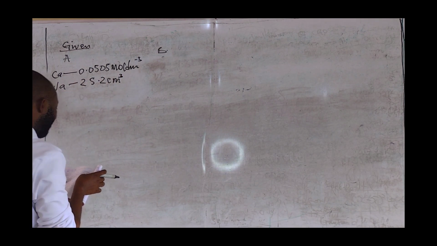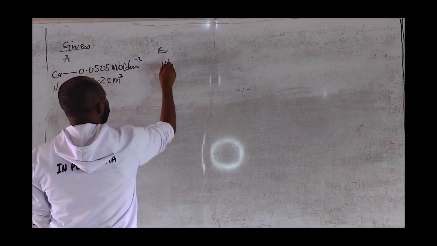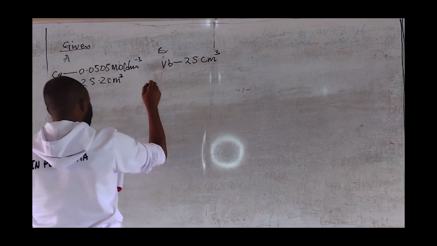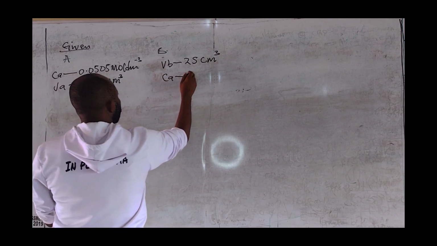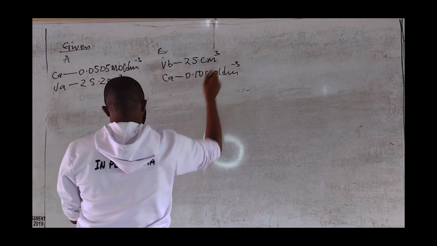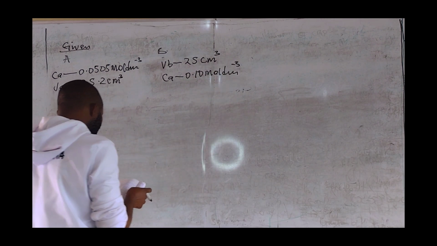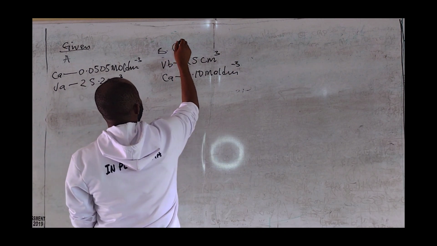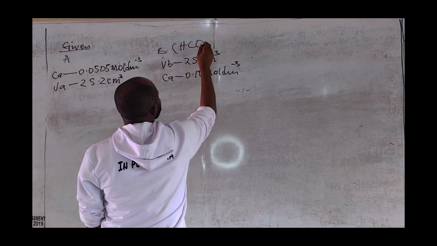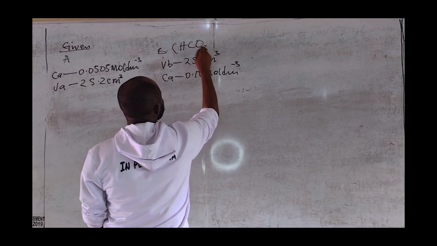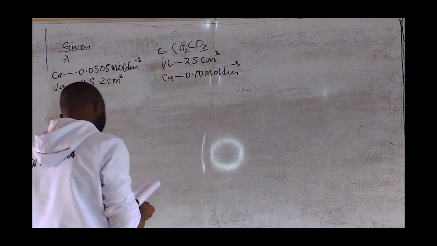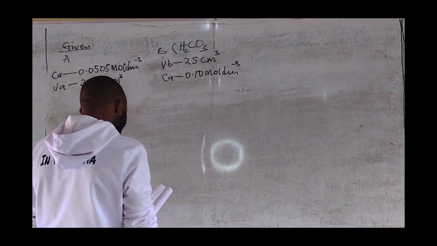Neutralized completely 25 of B, so the volume of the base is 25 cm³, and the concentration is 0.10 mole per dm³ of hydrogen trioxocarbonate IV. So this is obviously going to be 2, of hydrogen trioxocarbonate IV.